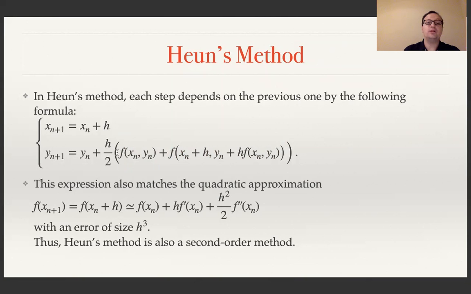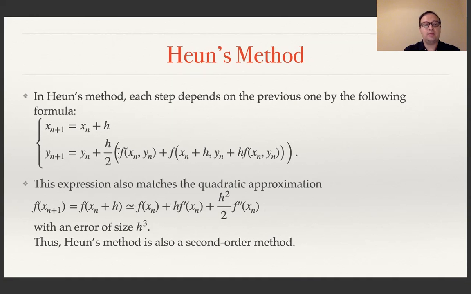And somehow by taking the average between these two values, this expression also matches the quadratic approximation f of xn plus h f prime of xn plus h squared over 2 f double prime of xn with an error of size h cubed.